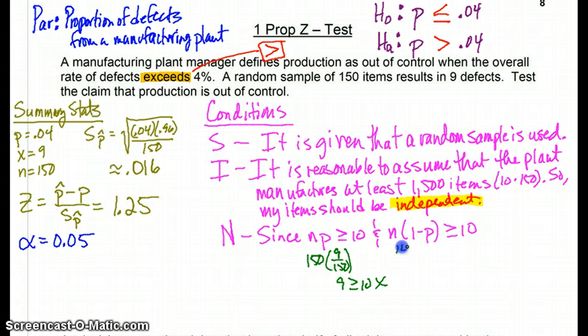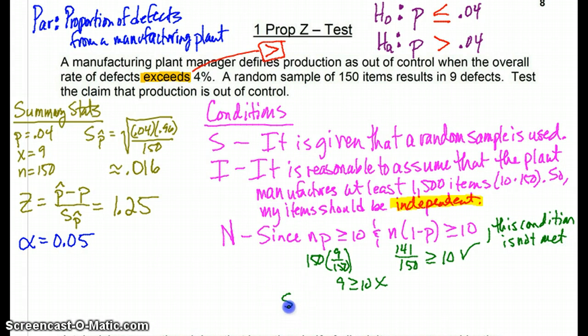But 141 over 150 is greater than or equal to 10, so that one is met. So this condition is not met. So I will proceed with caution, meaning my results may or may not be true.